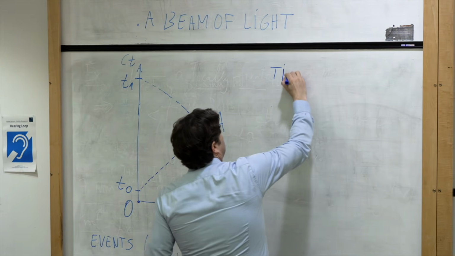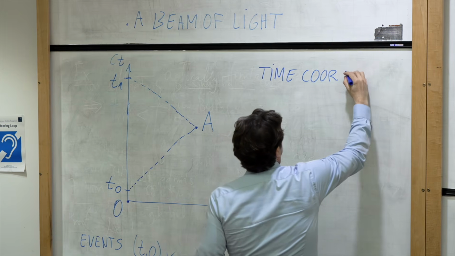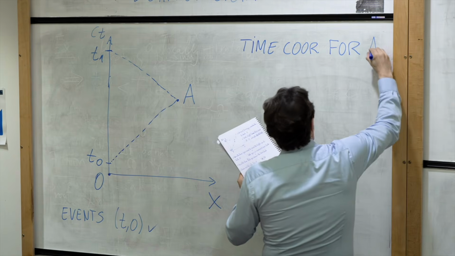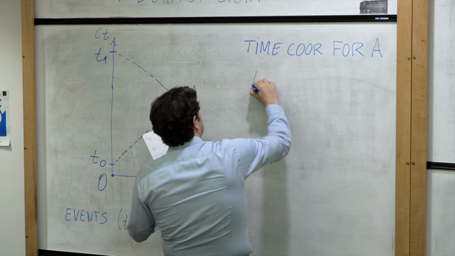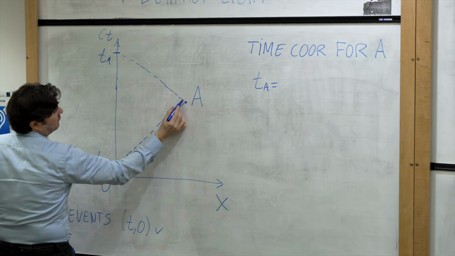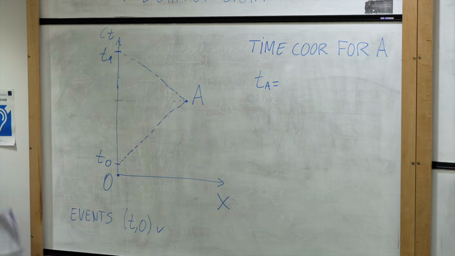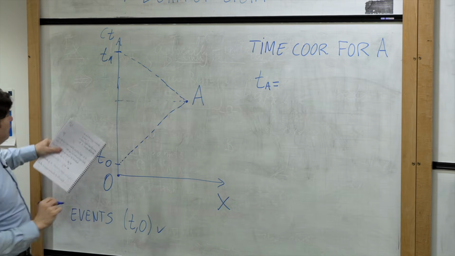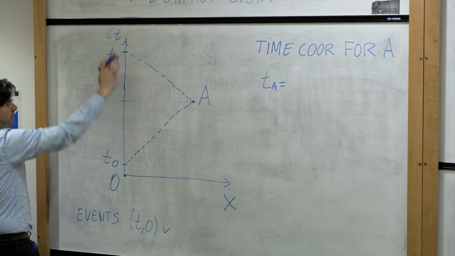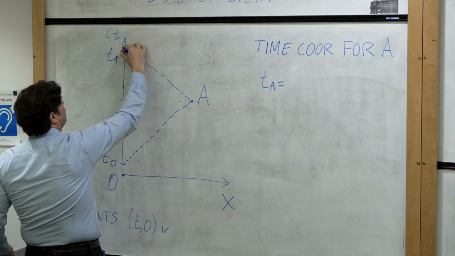And then, the time coordinate for the event A, let's call it tA, is very easy to calculate. It is nothing but the middle point between t0 and t1. Remember that if this is ct and this is x, these lines are 45 degrees, although they don't look like it in my picture.